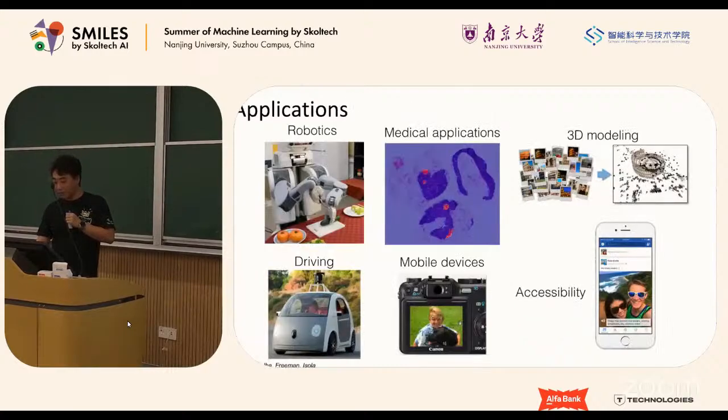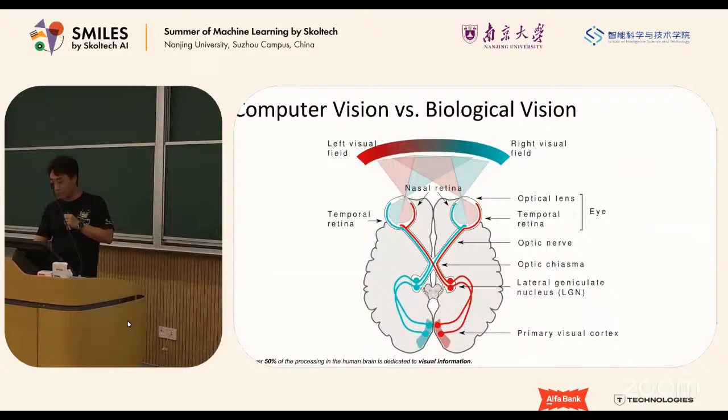So there are many applications related to 3D vision, and biological vision reminds us how important the problem is. A very large fraction of the human brain is involved with visual information.